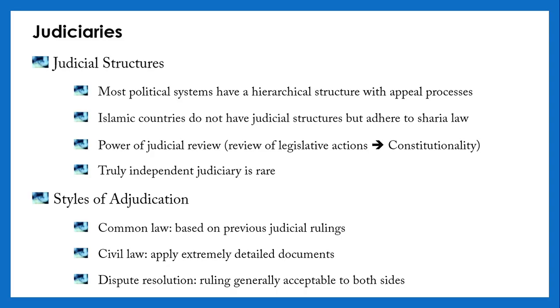So for example, Sharia law. And again, think about those maybe traditional systems, but judiciaries are often not completely independent. So think about the Supreme Court in the United States.